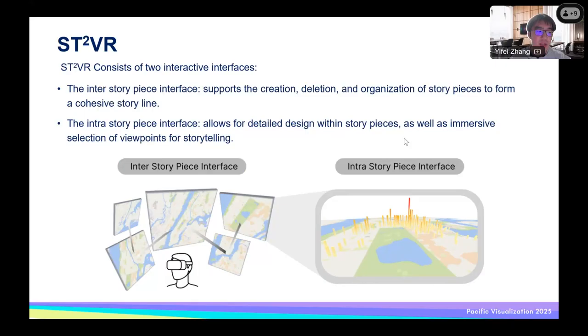The inter-story interface supports the creation, deletion, and organization of story pieces to form a cohesive storyline. The intra-story piece interface allows for detailed design of text, images, and data labels within story pieces, as well as immersive selection of viewpoints for storytelling.